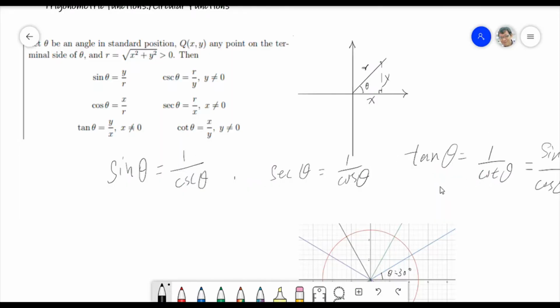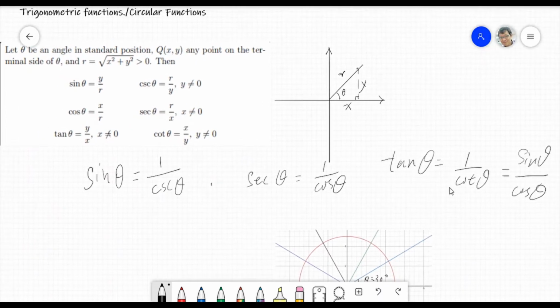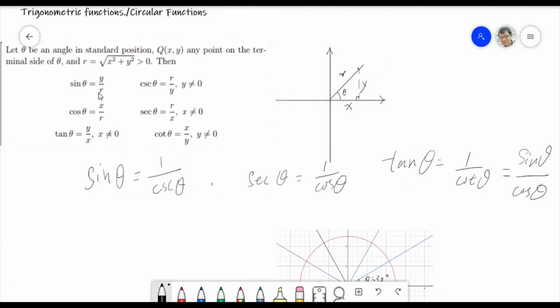It also equals sine divided by cosine, because if you look at the formulas, y over r divided by x over r equals y divided by x. So yes, tangent theta equals sine theta divided by cosine theta.